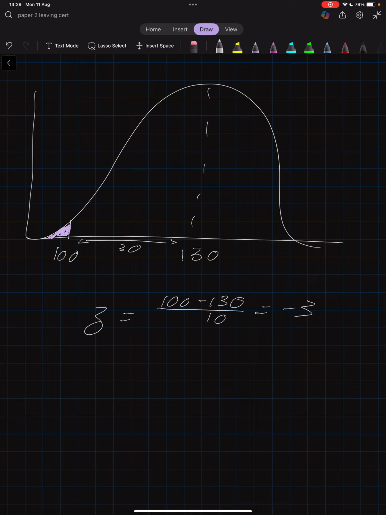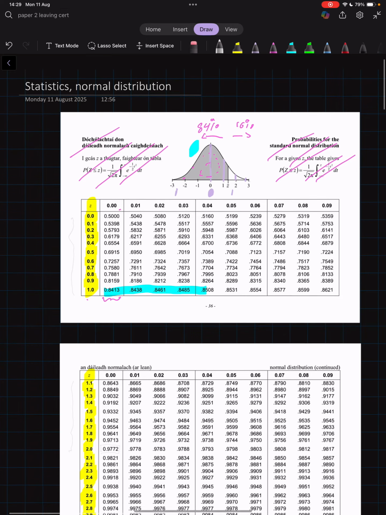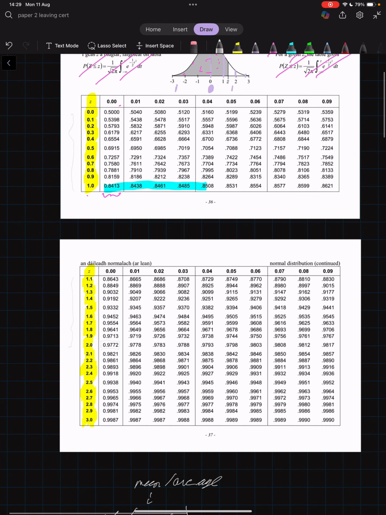Okay, so hopefully that's all okay. Now let's get that z-score. Let's go back up to the top and find minus 3. Look at the yellow and see, can you find minus 3 anywhere there? No, you can't find minus 3 anywhere.